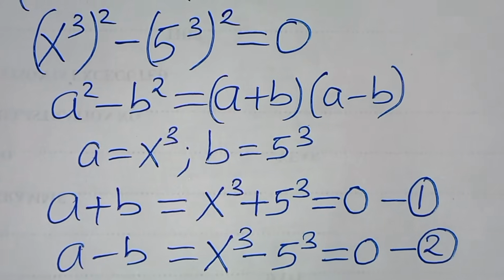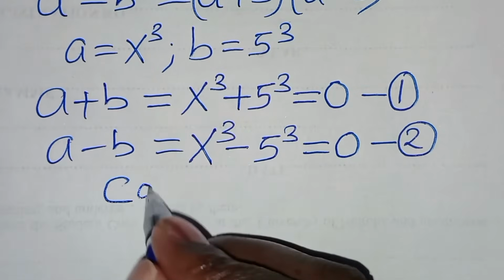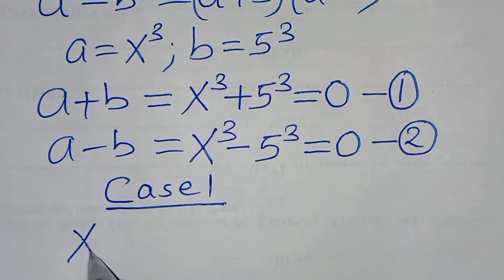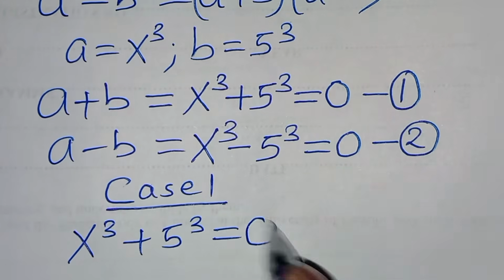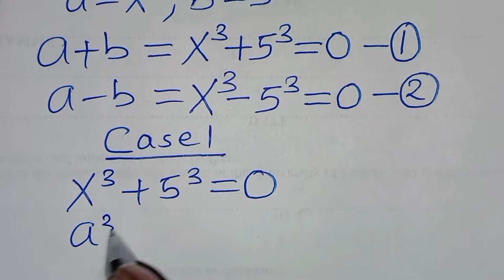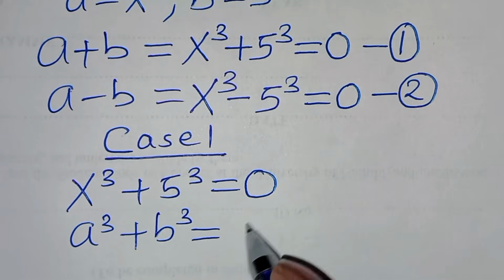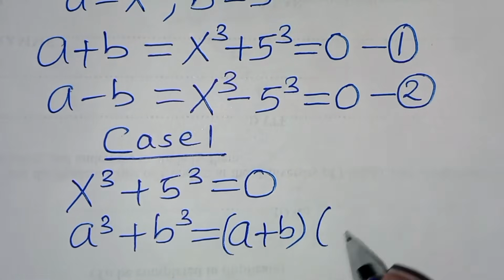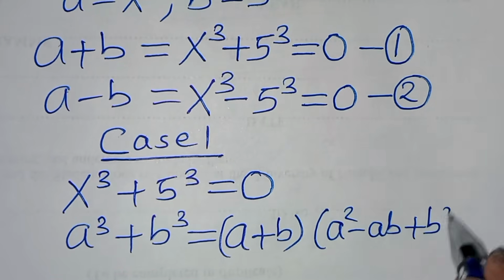Now, let's start to solve equation 1. Let's call this case 1. In case 1, we have x to the power 3 plus 5 to the power 3 equal to 0. This is the sum of two cubes, a to the power 3 plus b to the power 3, which we can express as a plus b, a squared minus a times b, plus b squared.